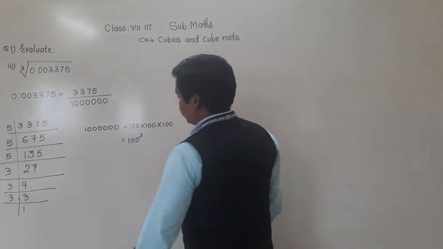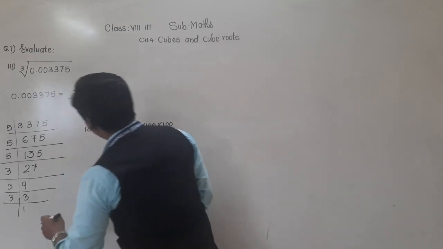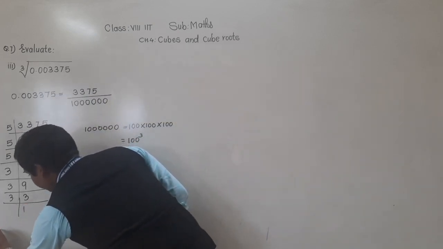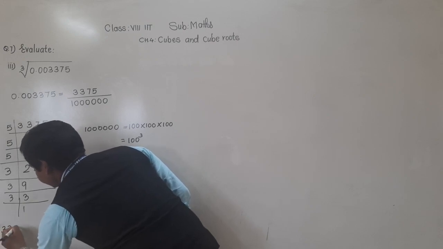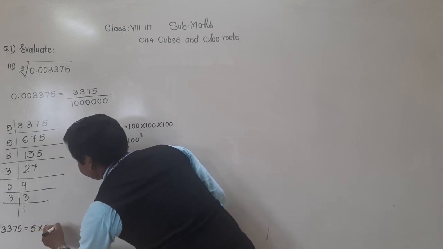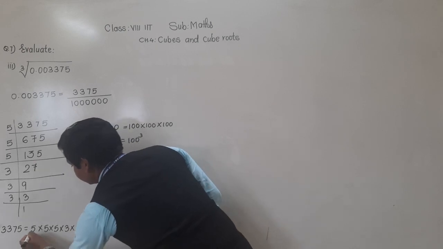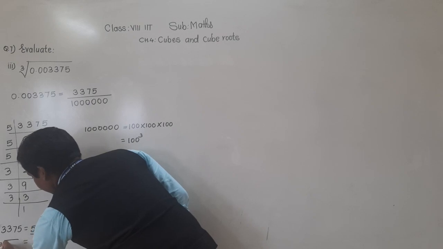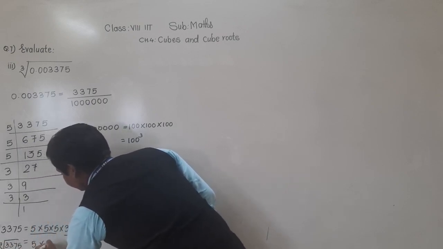Understood? So here we have got the cube root of 3375 and 10 lakh. Yes, the cube root of 3375 we will find here. 3375 is equal to 5 into 5 into 5 into 3 into 3 into 3. So the cube root of 3375 is 5 into 3.